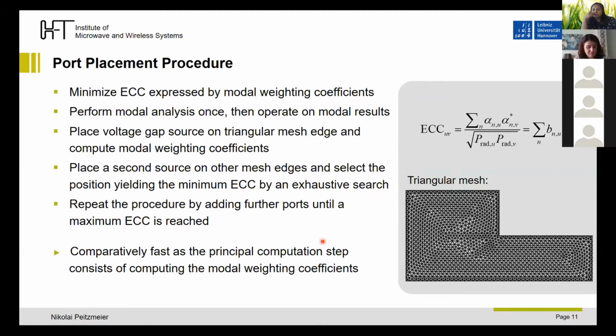And that is why we can evaluate the modal weighting coefficients. So this is possible. Of course, impedance matching is not possible with this approach. Okay. I see. Thank you.